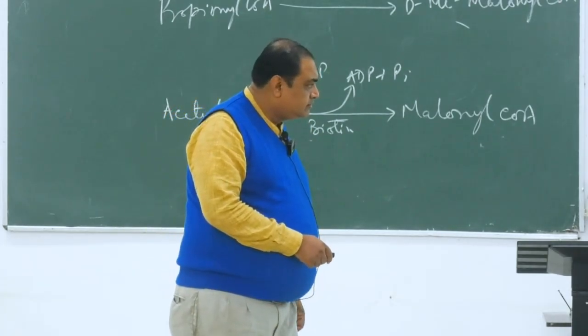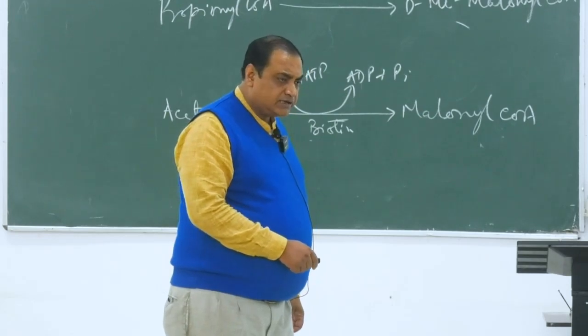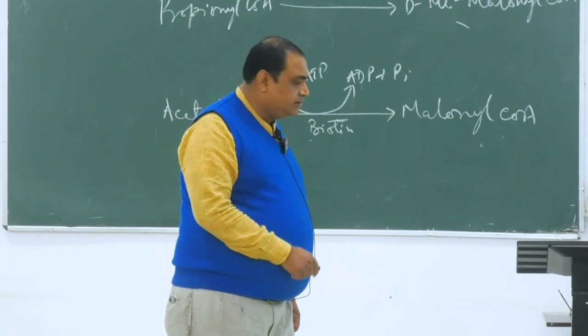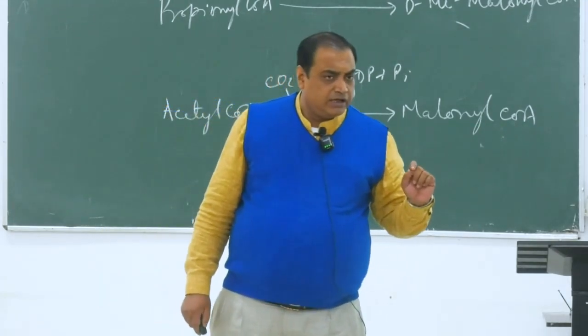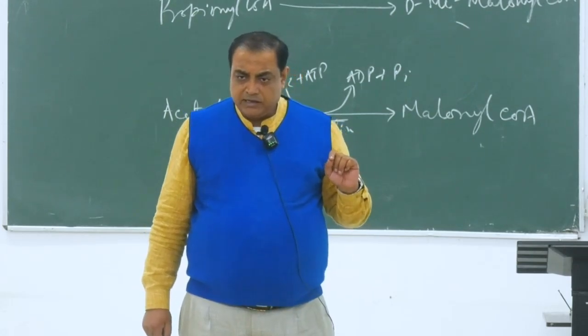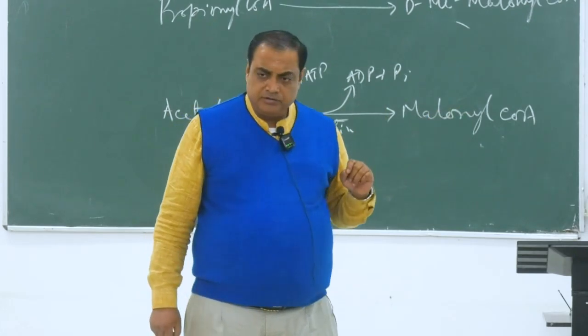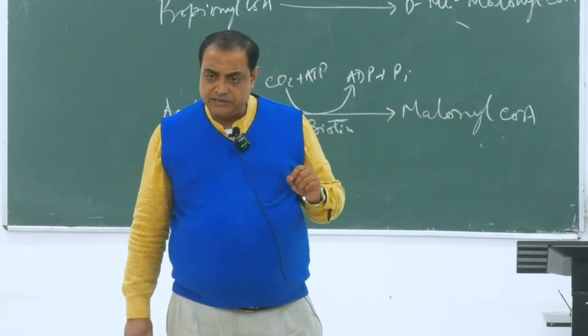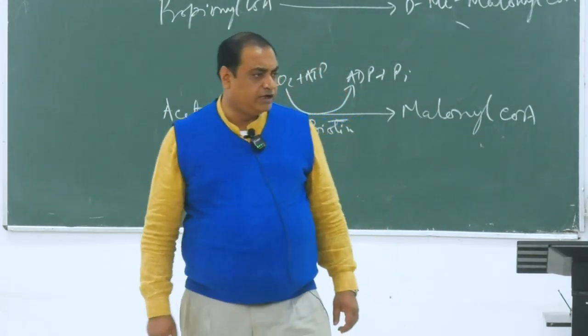Then patients who are taking anti-asthmatic drugs like theophylline. Small children suffer from asthma, the doctor prescribes theophylline, and they might show B6 deficiency. So find out the history from the patient for any of these.